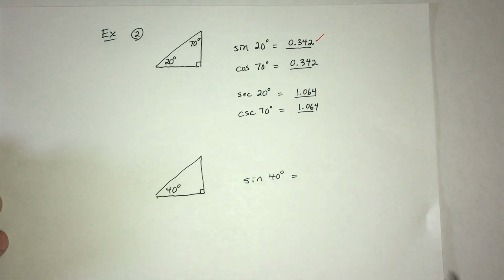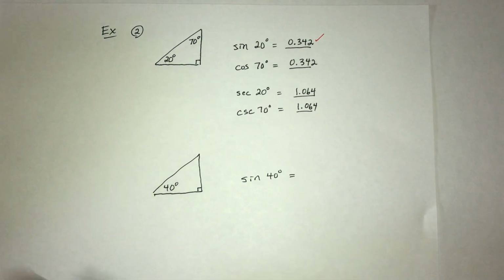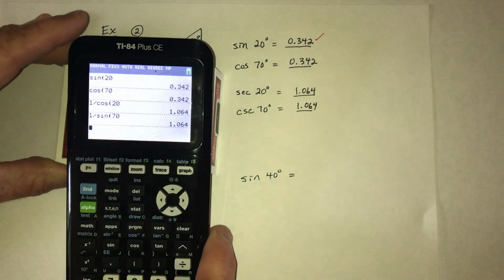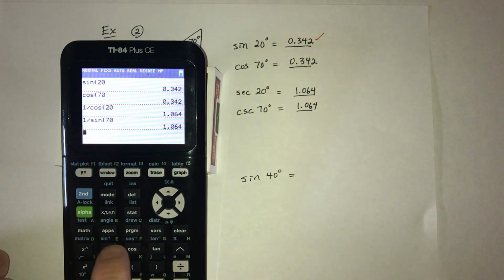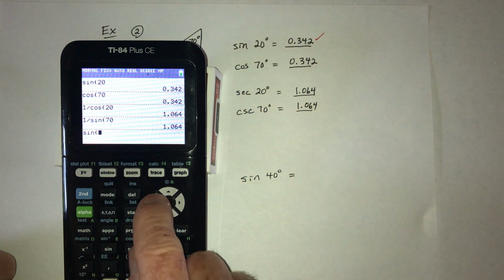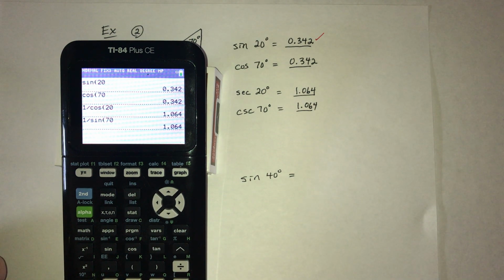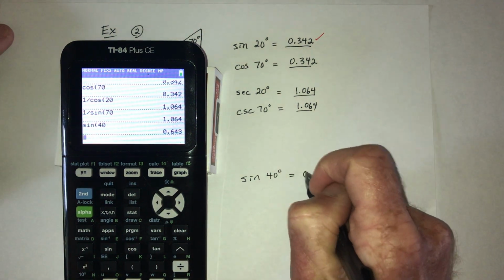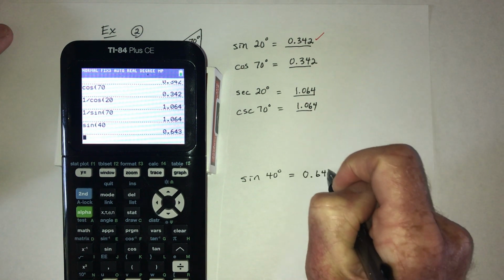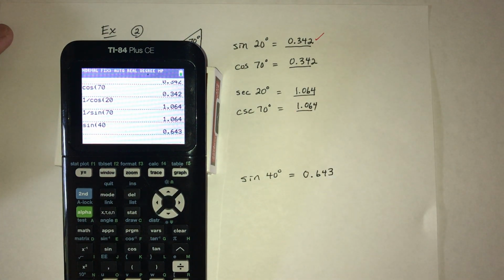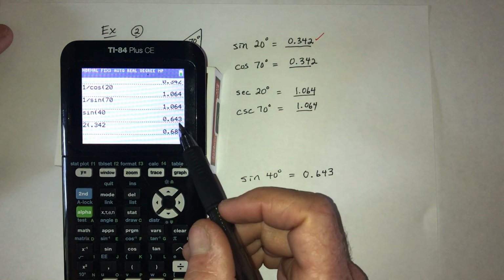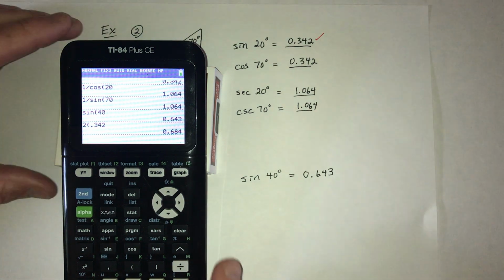Does it double the answer? So what is sine of 40 degrees? It equals 0.643. Is that the double? 2 times 0.342? No, it's not double. It's sort of close-ish, but no, it's not double.